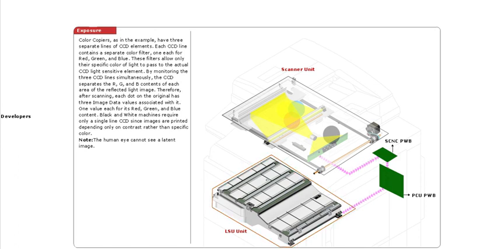Therefore, after scanning, each dot on the original has 3 image data values associated with it, one value each for its red, green, and blue content. Black and white machines require only a single-line CCD, since images are printed depending only on contrast rather than specific color. Note, the human eye cannot see a latent image.